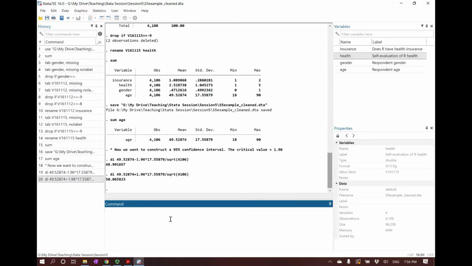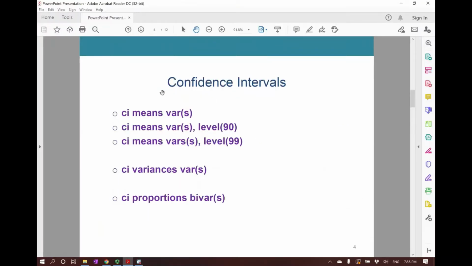Okay, this is how we did it in our regular lectures. But if we know the sample and the sample information, we can actually use a one-line command to calculate this interval. The command is called ci, which stands for confidence interval. ci means and the variable. You can calculate the confidence interval for a list of variables at the same time, which is why there is a plural here.